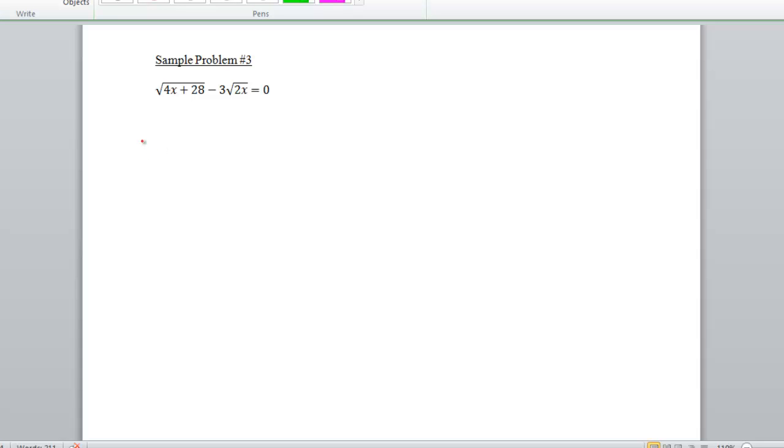Okay, so what we're going to do here is take the 4x plus 28 and move the entire expression, not just the radical, by adding this whole thing to both sides, which gives us 3 times the square root of 2x. Now that I have a radical isolated, I can square it, but I have to square the whole thing on both sides.